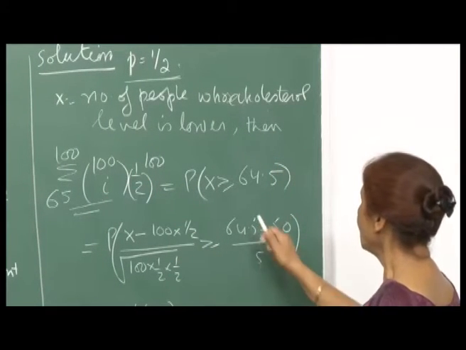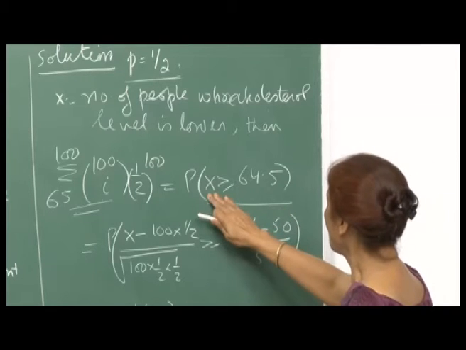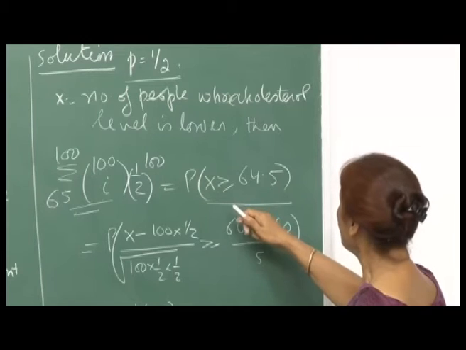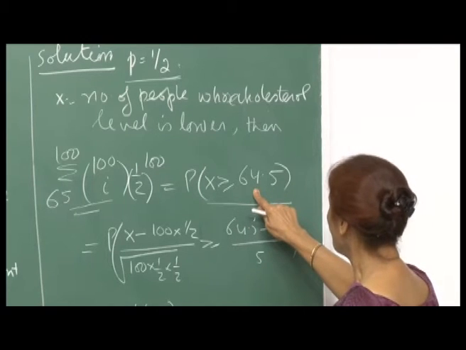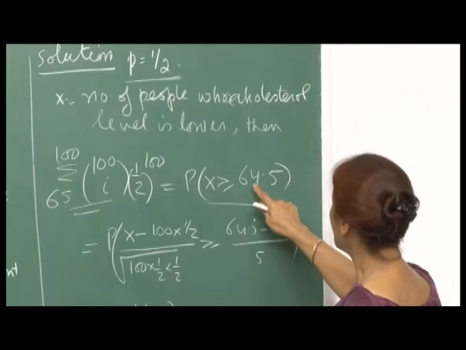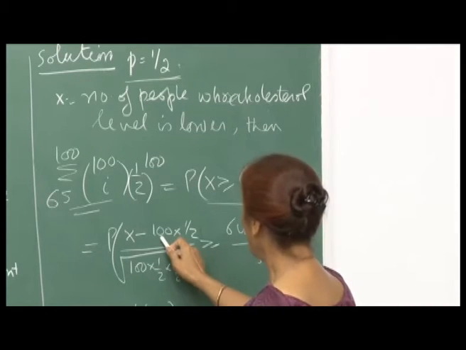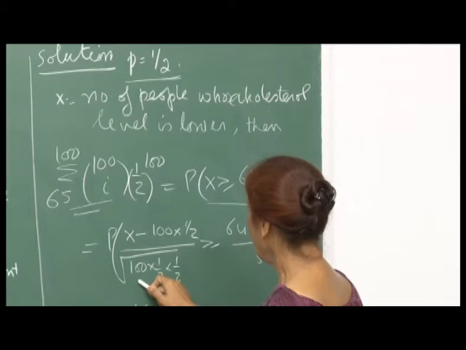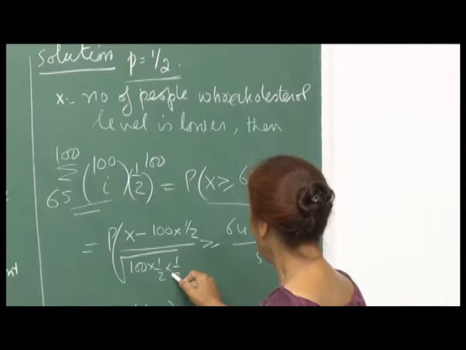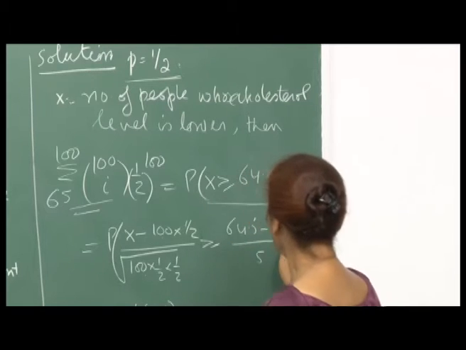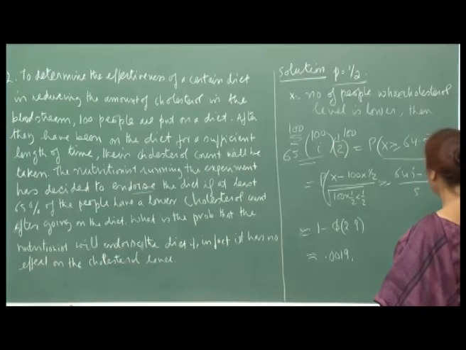So, we will say that essentially we are looking for probability x greater than or equal to 65, and again add the continuity correction factor. So, it will be 64.5, and then np would be 100 into half, which is 50, and npq will be 100 into half into half, which becomes 25. So, under root that is 5. So, this is what you are looking for, okay.